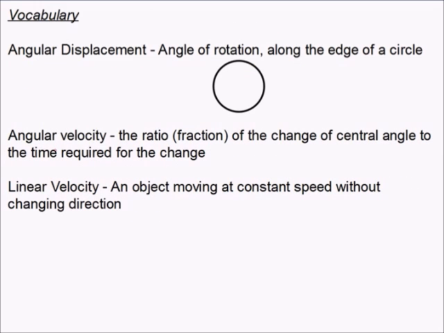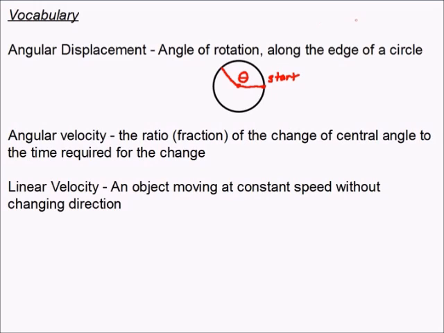Next, angular displacement. That's the angle of rotation around the edge of a circle. So if we have an angle, here's standard position, and this is our start right here. Angular displacement is this angle right here, theta.